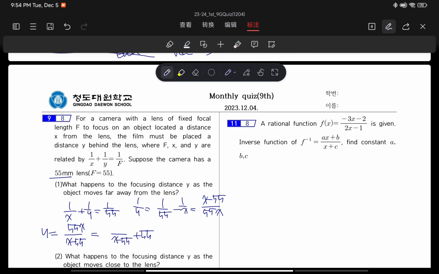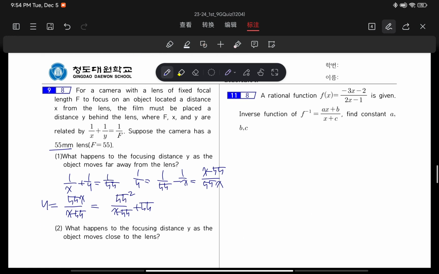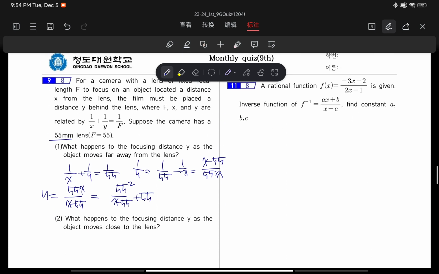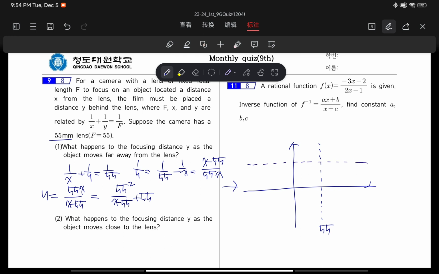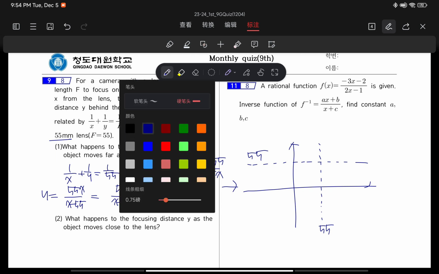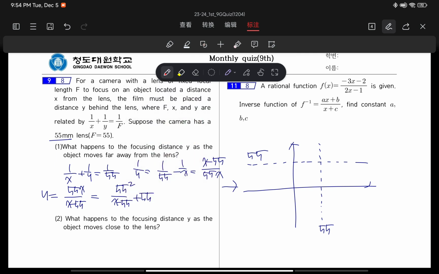Okay, so anyway, this function looks like this, with asymptotes at x equal to 55 and y equal to 55, passing through the point 0, 0.